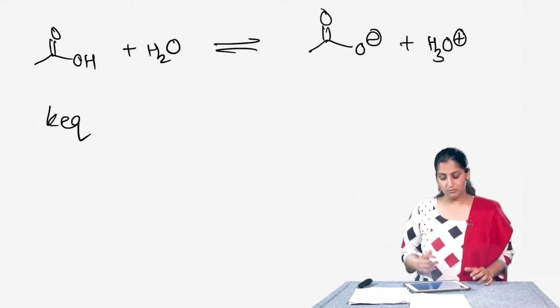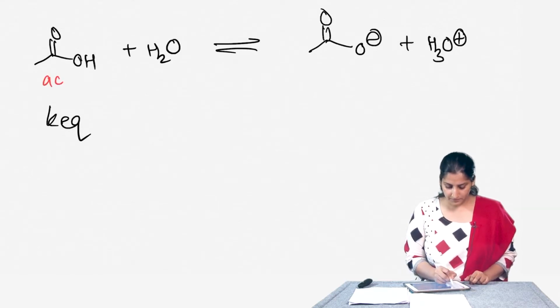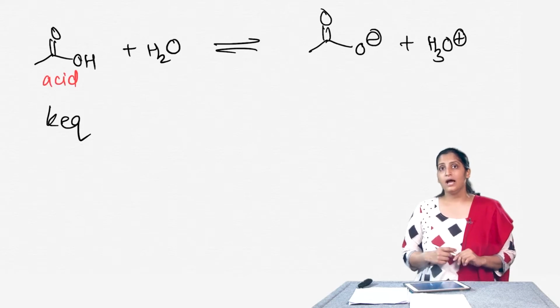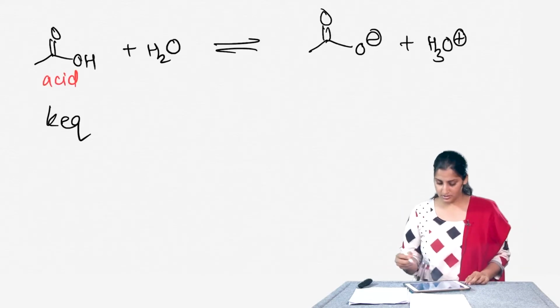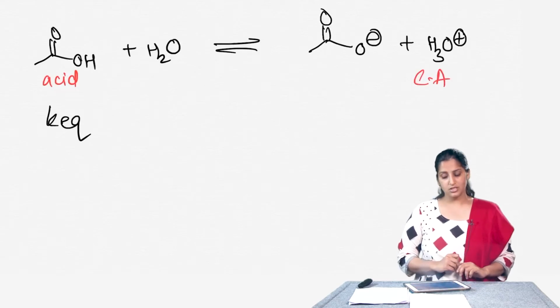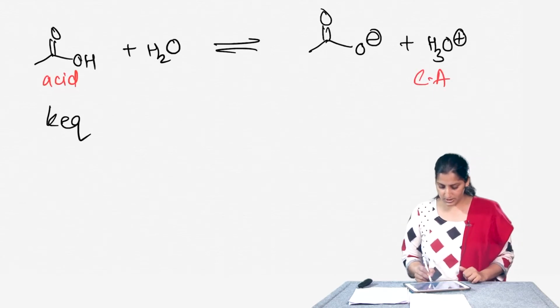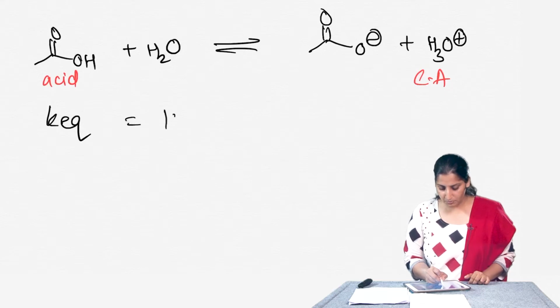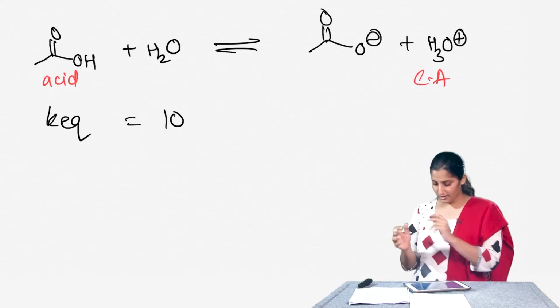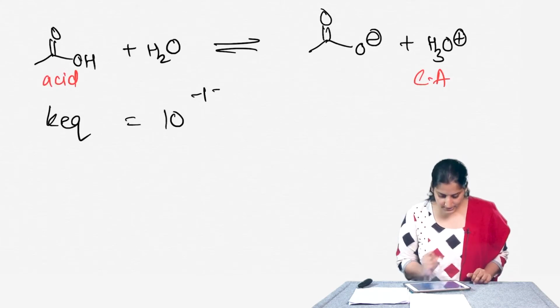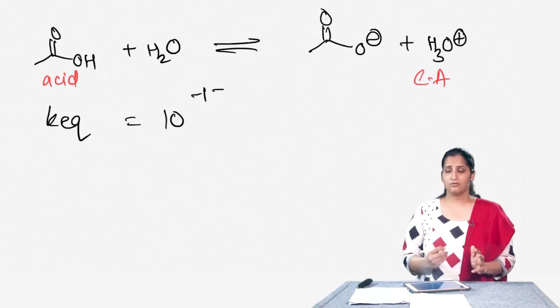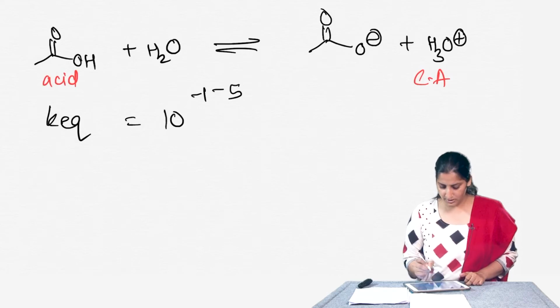The acid here, the molecule that is losing the proton, is our acetic acid, and the conjugate acid, which is going to lose a proton in the backward reaction, is going to be the H3O plus, right. So, in this case Keq will be 10 to the power conjugate acid pK, which is minus 1 according to the pK chart, minus the acid pK, which is around 5, right.